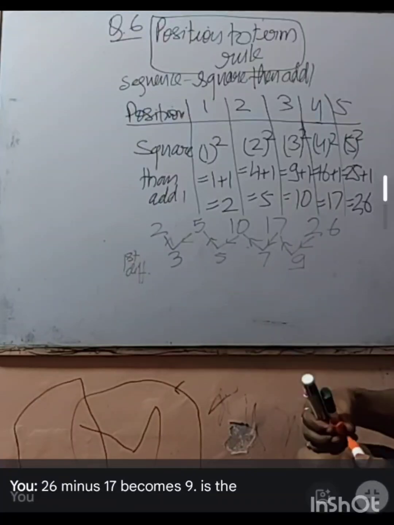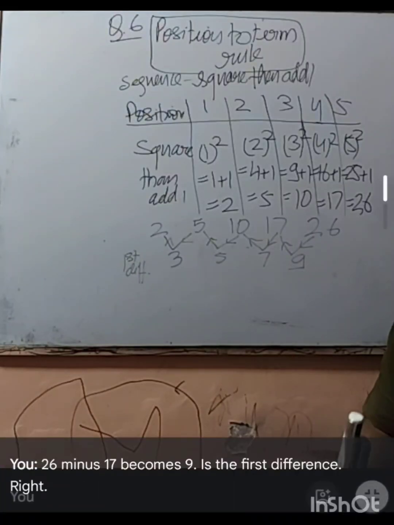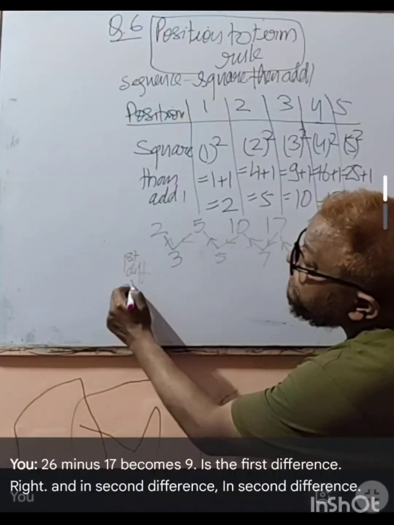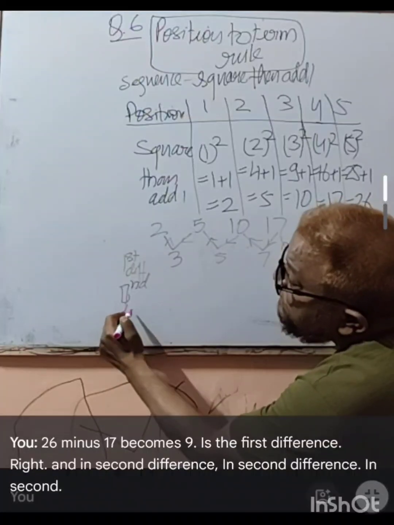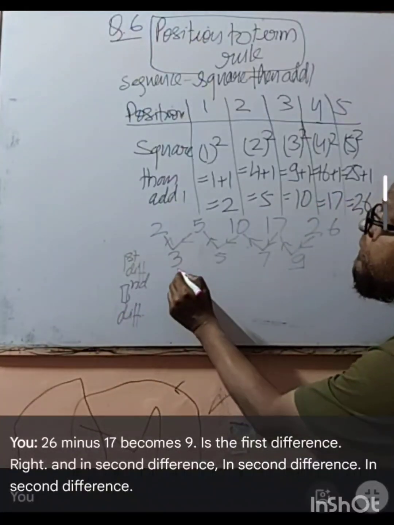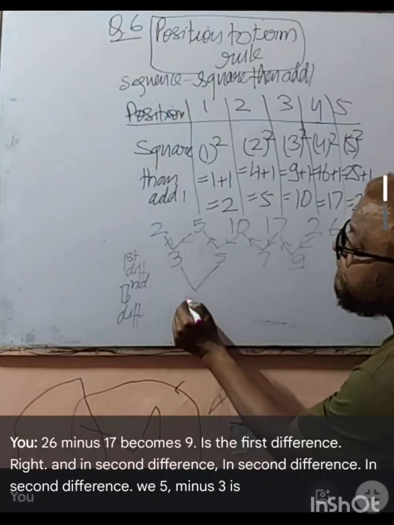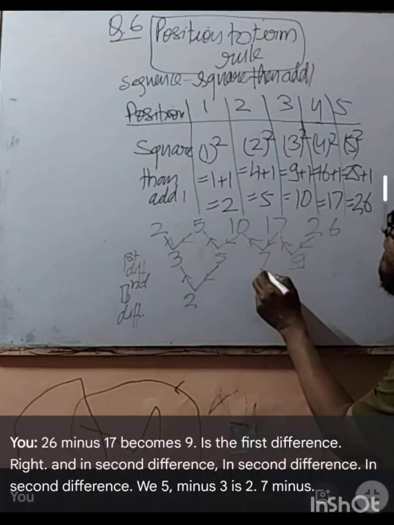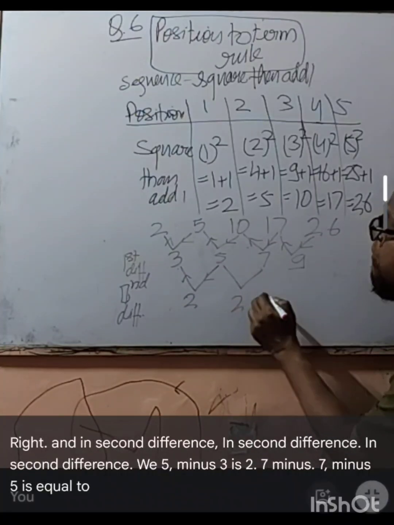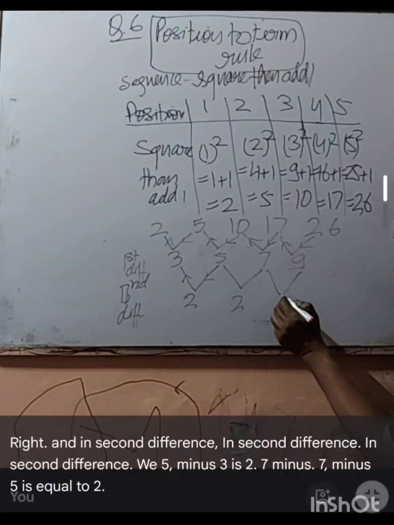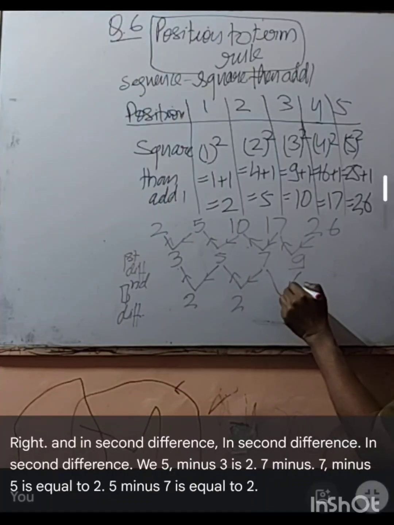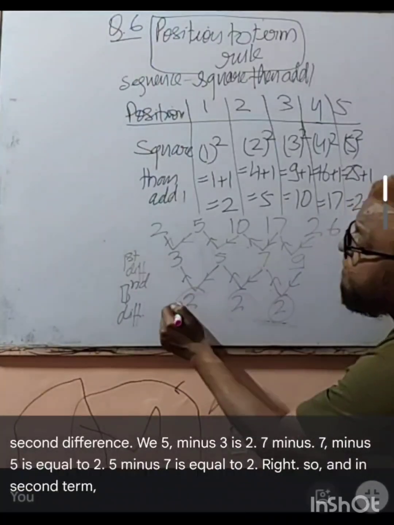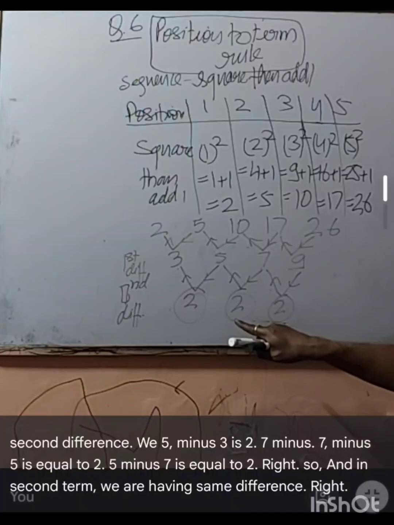This is the first difference, right? And in the second difference, 5 minus 3 is 2, 7 minus 5 is equal to 2, 9 minus 7 is equal to 2, right? So in the second difference we have the same value, right?